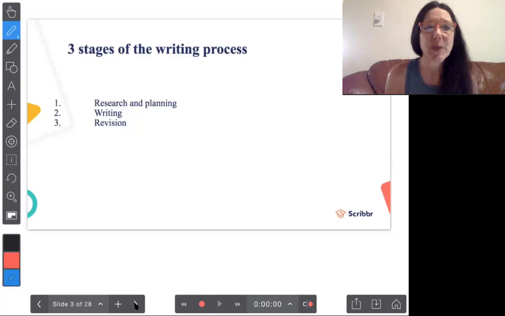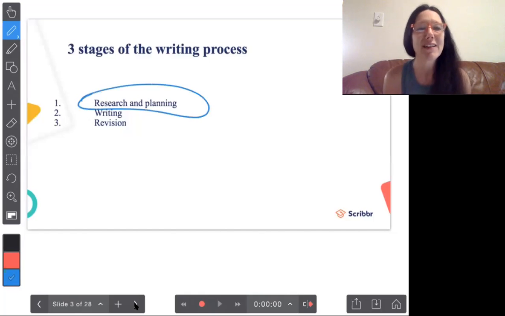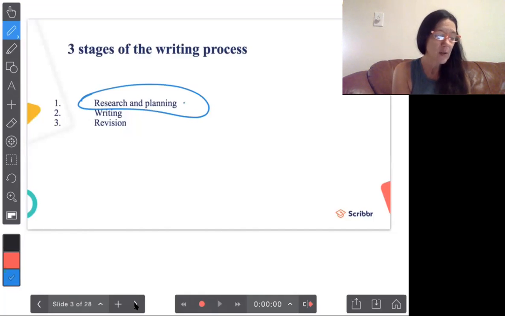So of course we have 3 stages. We don't like saying that we do, right? We don't really want to do this part, but you really need to. You need to look up resources and make a plan. They're always saying, let's make an outline.